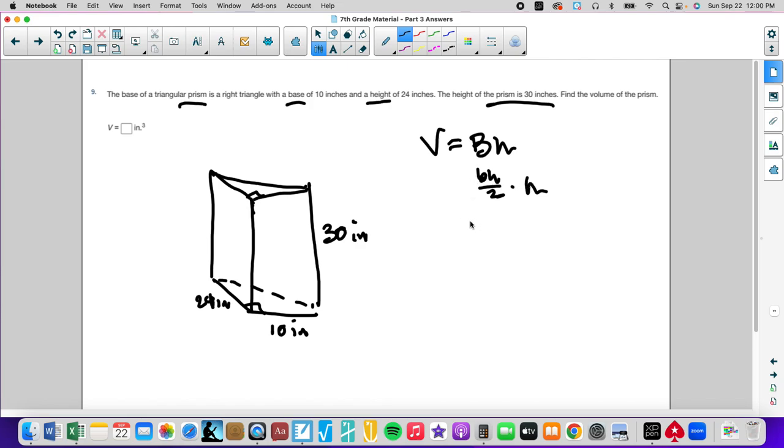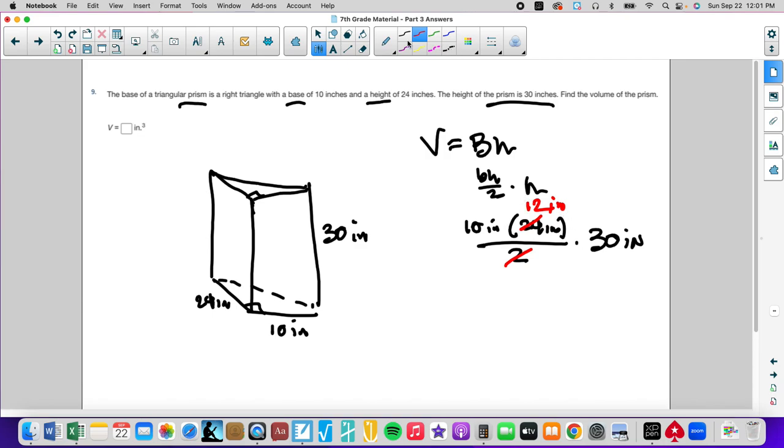So my base is 10 inches times 24 inches divided by 2 times the height of the object, which is 30 inches. And I can simplify this. I'm going to cross cancel, make that 12. And now I have 10 inches times 12 inches times 30 inches.